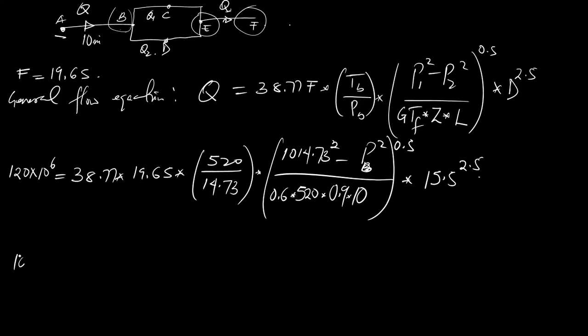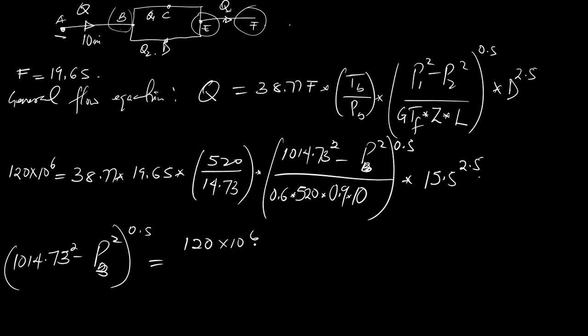We have 114.73 square minus PB square, all raised to power 0.5, is equal to 120 times 10 raised to power 6.